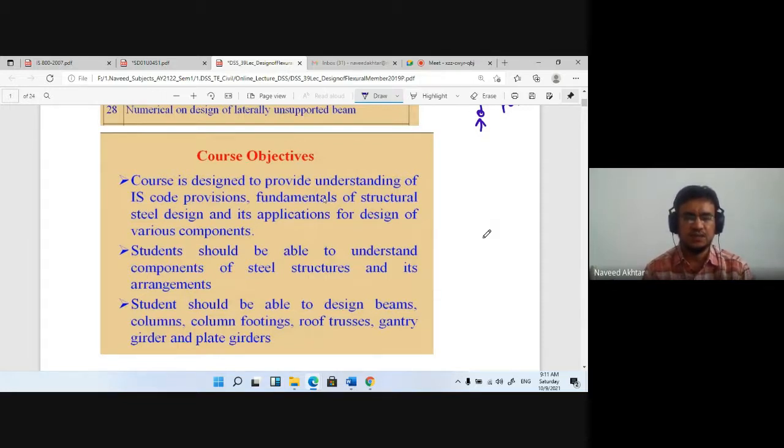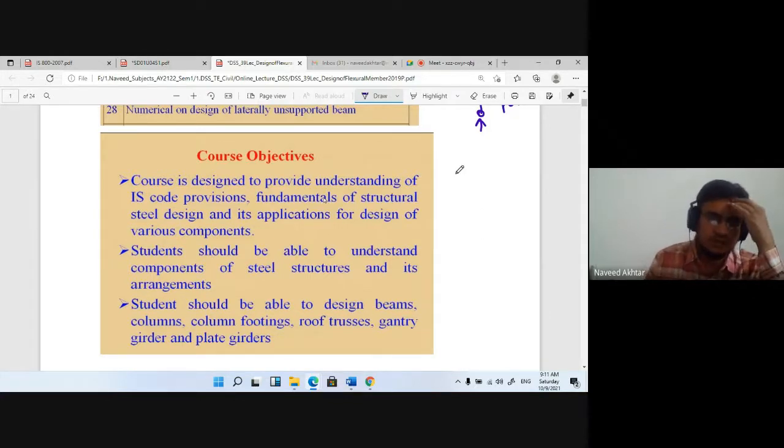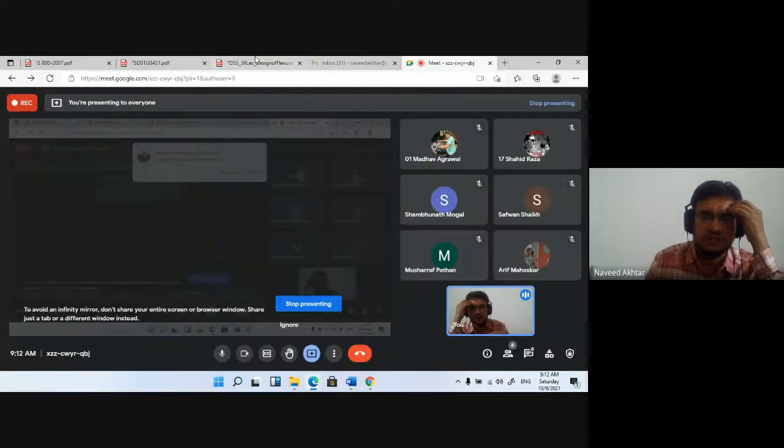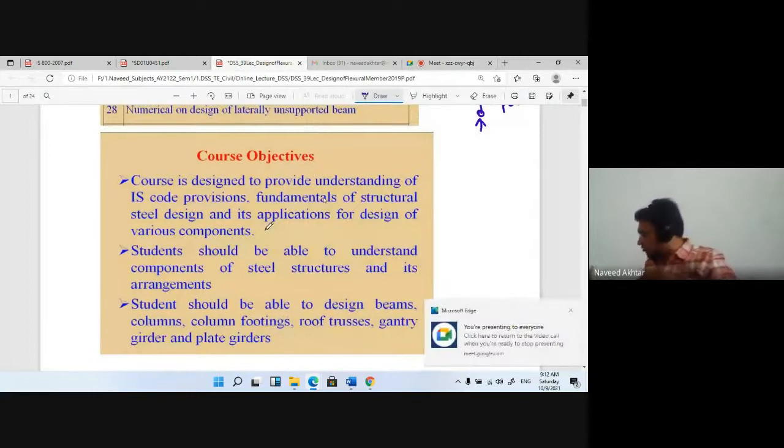The student will be able to analyze and design beams, columns, column footings, that is column bases, roof trusses, gantry girder, and plate girder. These are the course objectives which are set by the Savitribai Phule Pune University for the third year subject design of steel structure.